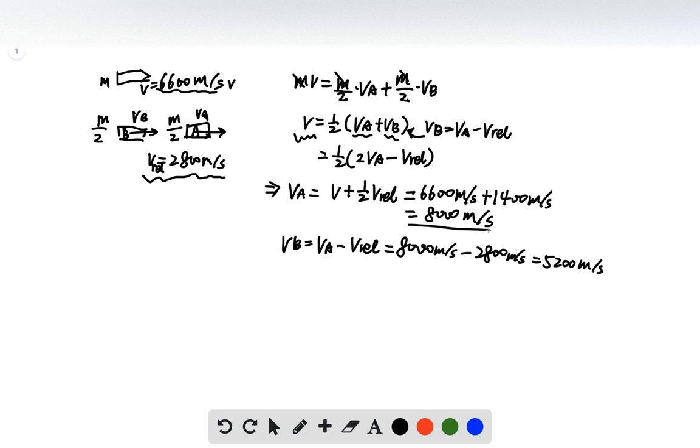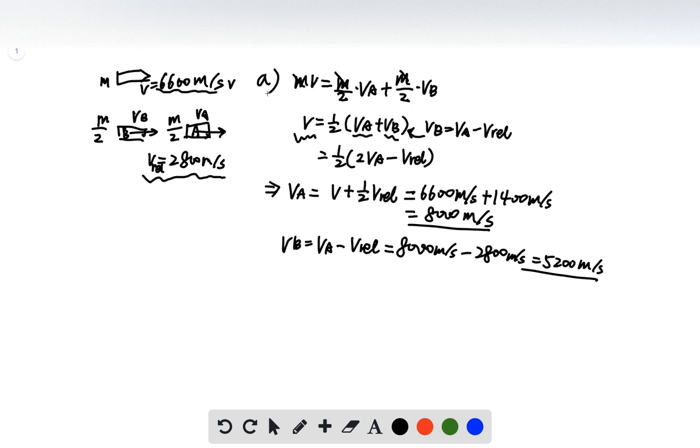So that is the velocity of section A and section B. Both are positive, meaning we did just happen to assume the right direction from the very beginning. So that is part A.